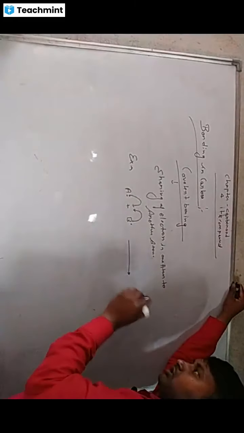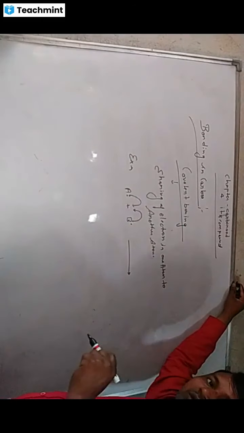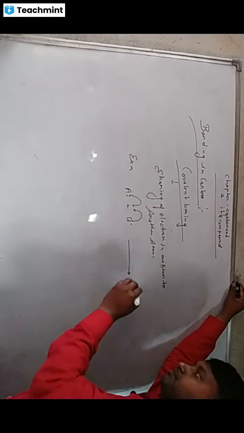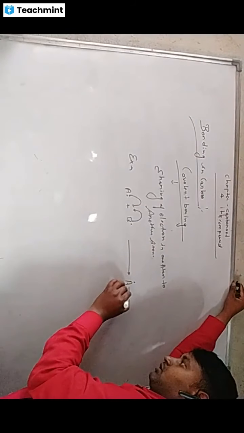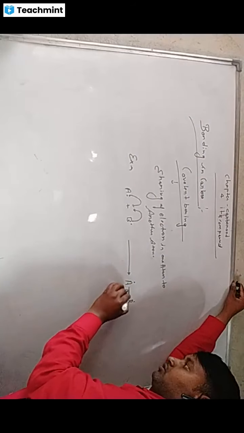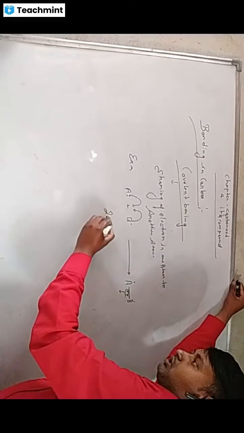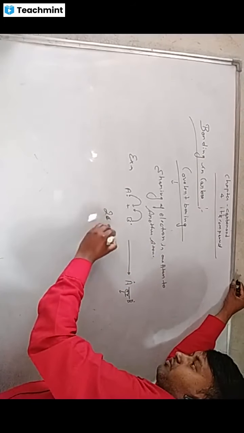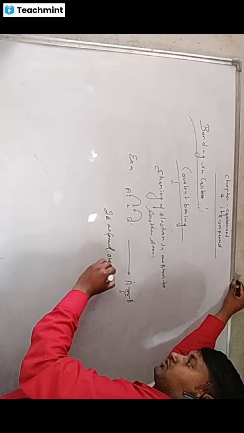Both share 1 electron. The number of shared electrons is the number of bonds. A shares 1 electron and B shares 1 electron; 2 electrons form 1 bond.